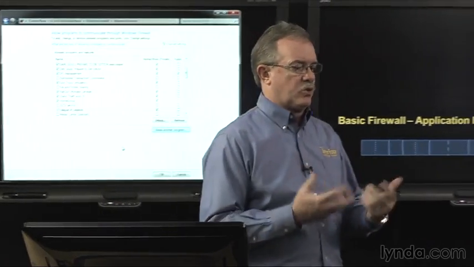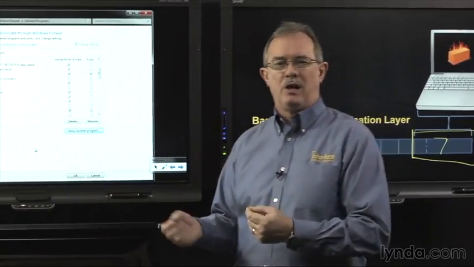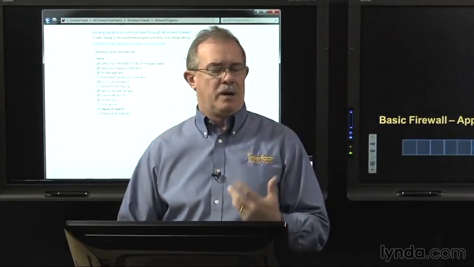Now, as we close this, just as a troubleshooting point, consider that simply enabling something through the firewall here is insufficient in and of itself to make an application work. For instance, we talked an entire module about doing remote desktop or remote assistance.